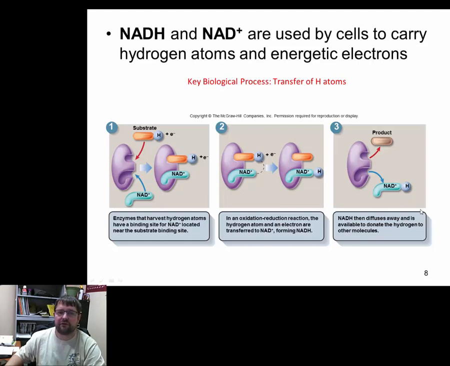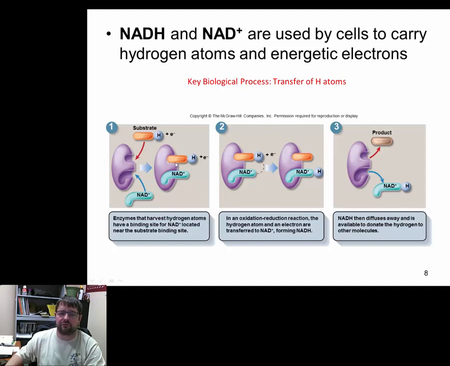So here's how that intermediate electron carrier works. We talked about this before. Remember when we were talking about photosynthesis, the electron carrier in photosynthesis is NADPH. In this case, it's NADH, and it's formed just like the other enzyme processes that we talked about before, where you have a substrate that comes in and it's holding a hydrogen and electron.